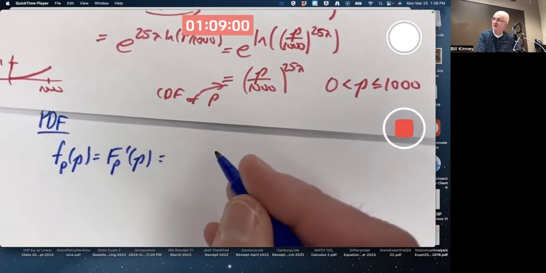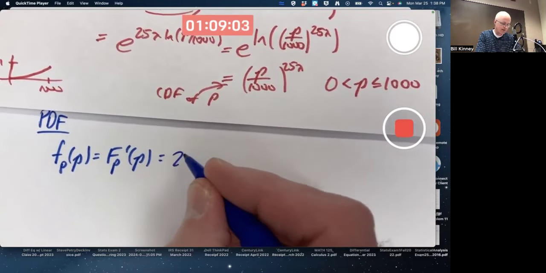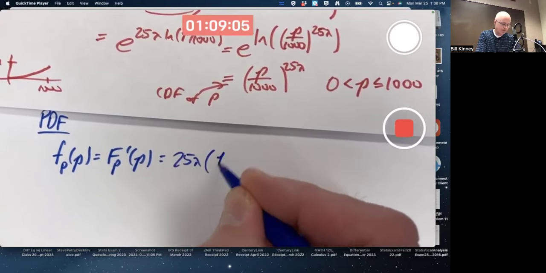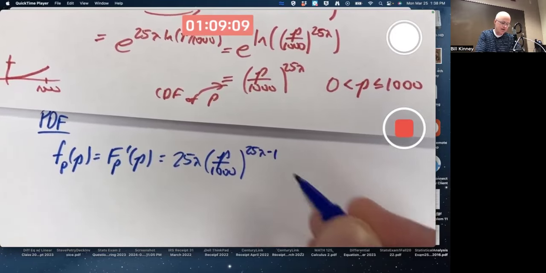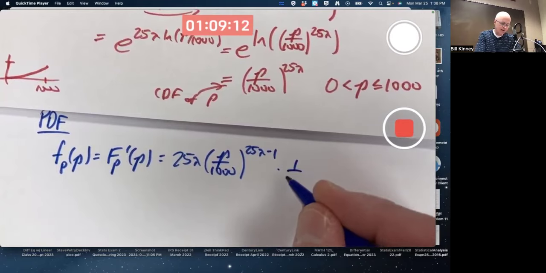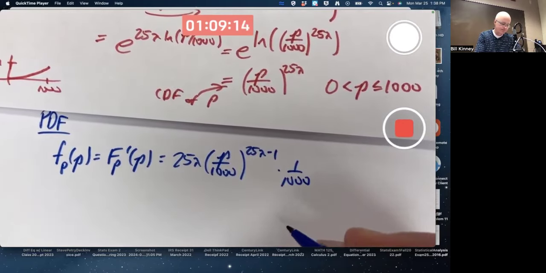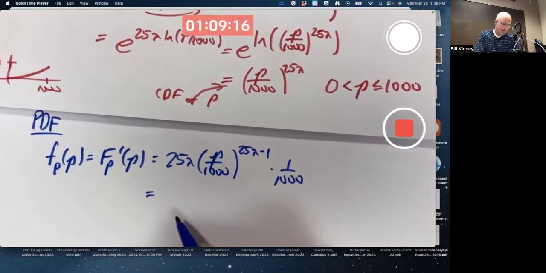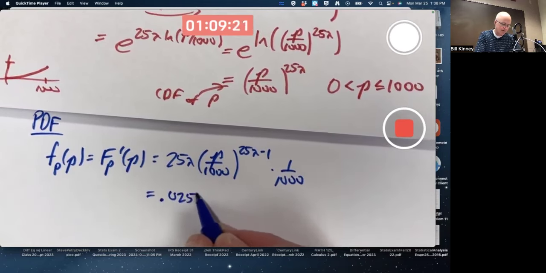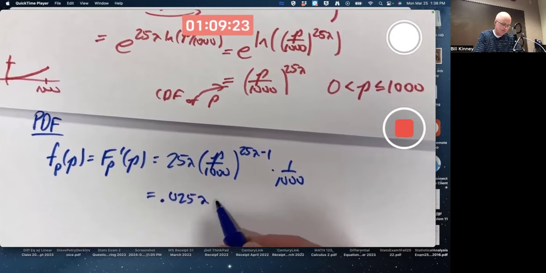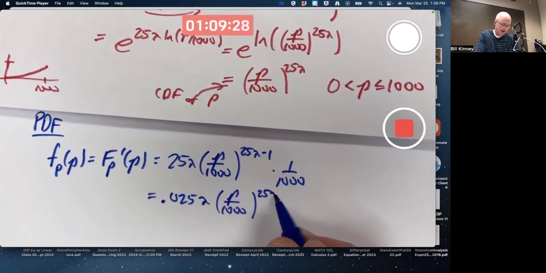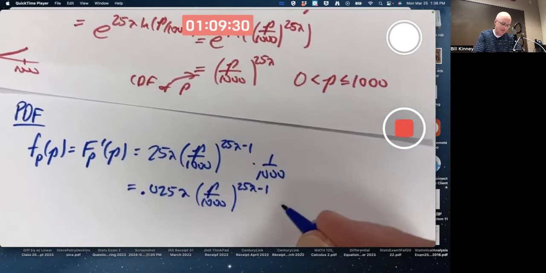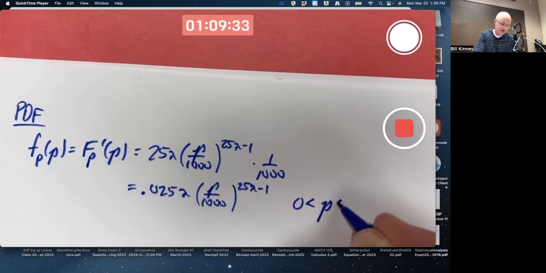It's just a power function. Bring down the 25 lambda. Subtract 1 from that exponent. With the chain rule, multiply by another factor of 1 over 1,000. It's going to simplify to 0.025 lambda times p over 1,000 to the 25 lambda minus 1, for p between 0 and 1,000.